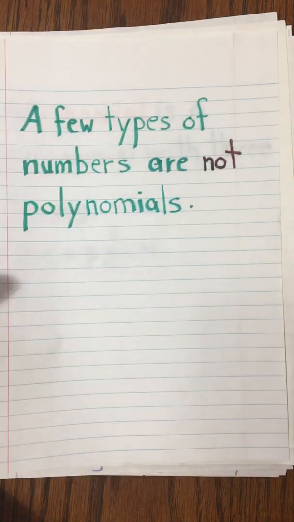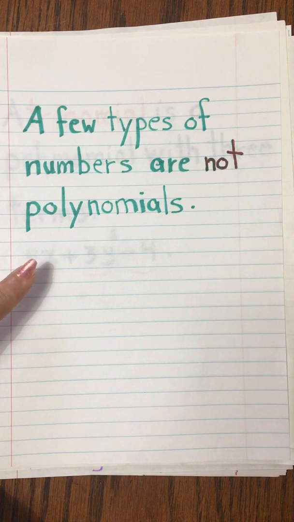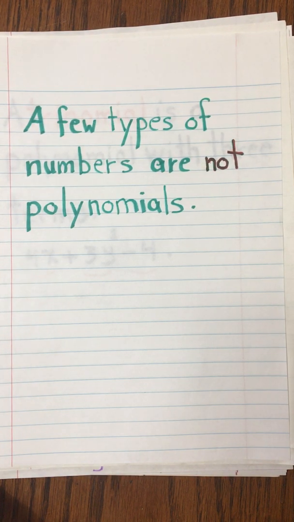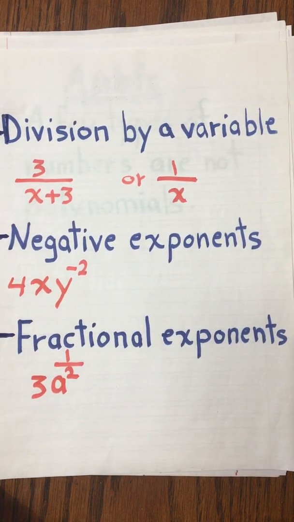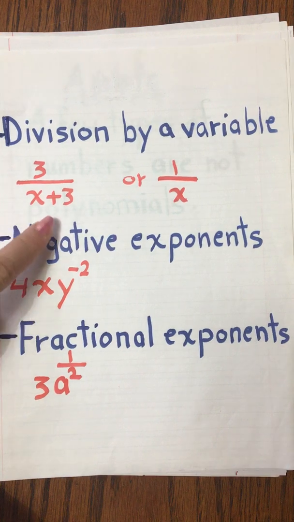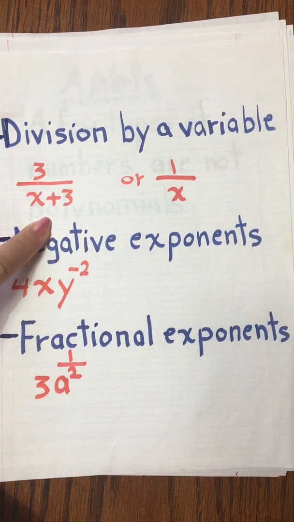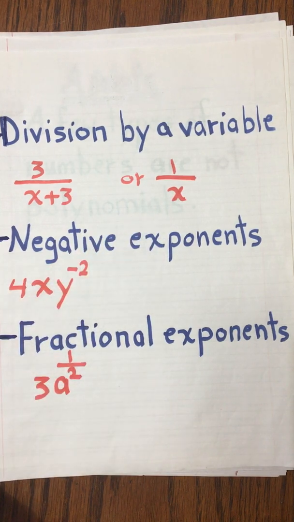And note, a few types of expressions are not polynomials. Like these types. Type 1, division by a variable. So this is not a polynomial. 3 over x plus 3, this is not a polynomial. Or 1 over x, this is not a polynomial.